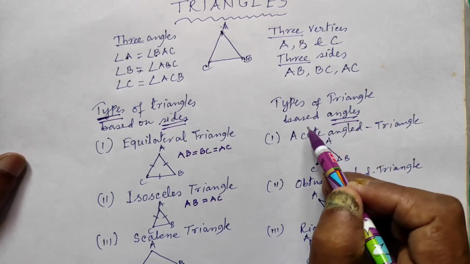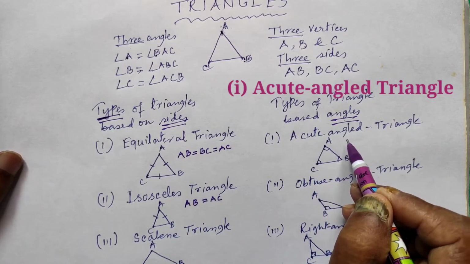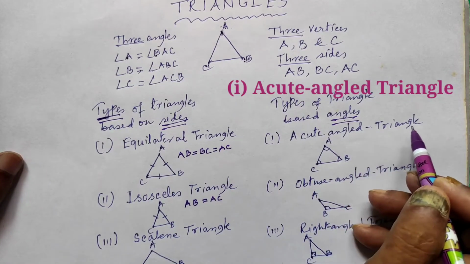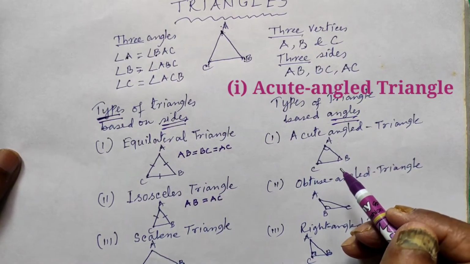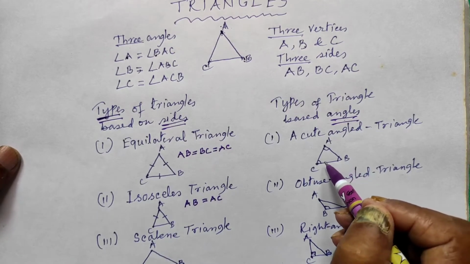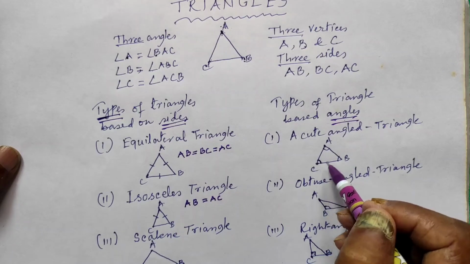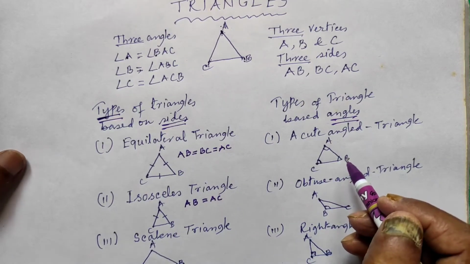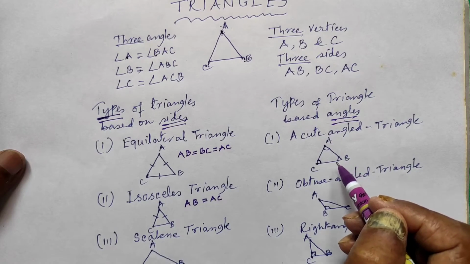Now we are going to the classification on the basis of angles. Types of triangle based on angles. Number one is the acute angle triangle. You know the definition of an acute angle is less than 90 degrees. So angle A, angle B, angle C, all three angles are acute.